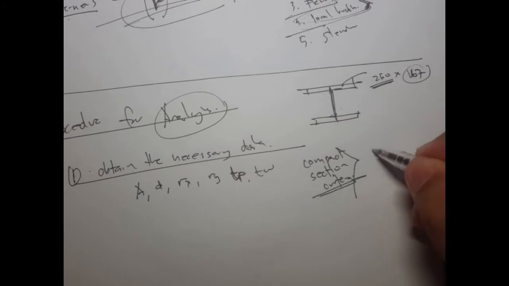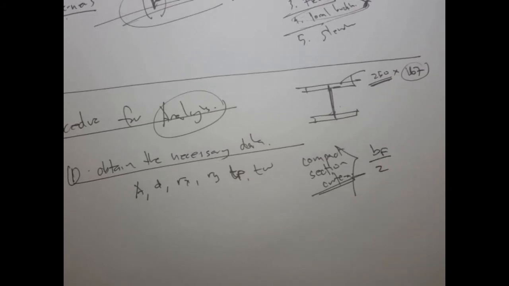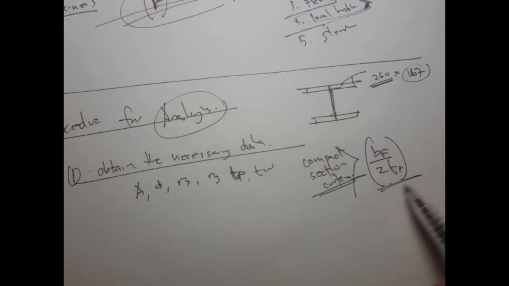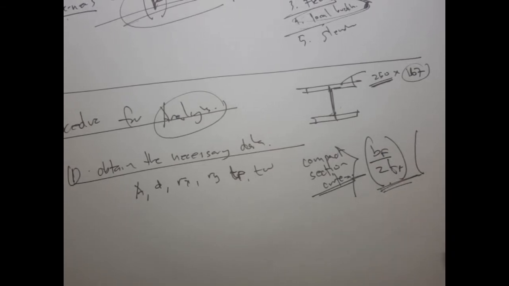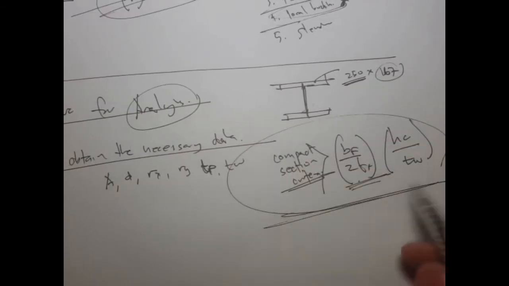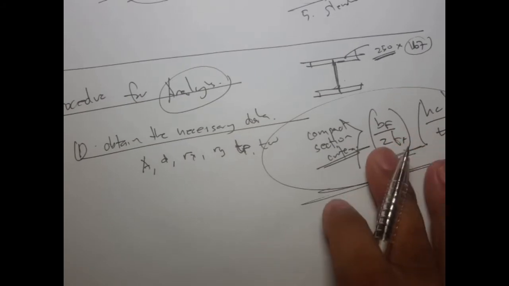For example, for the compact section, we have bf over 2tf. You don't need to compute that manually, because there's data for that already. And for the web, we have hc over the thickness of the web. So you need to have this data.